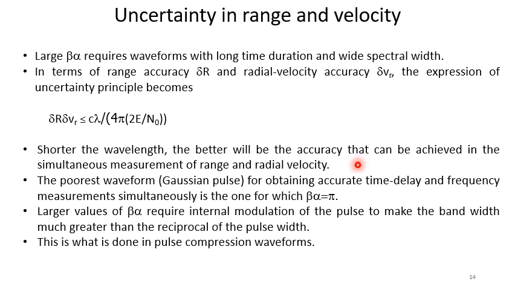The poorest waveform, taken as a Gaussian pulse, for obtaining accurate time delay and frequency measurement simultaneously is the one for which beta alpha equals pi. A larger value of beta alpha requires internal modulation of the pulse to make the bandwidth much greater than the reciprocal of the pulse width. This is what is done in pulse compression waveforms.